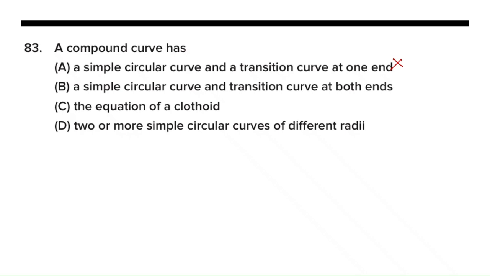A simple circular curve and transition curve at both ends also defines the configuration of a transition curve. Next, the equation of clothoid, that's a spiral transition curve. And the next option is two or more simple circular curves of different radii. That is correct. That is a compound curve.